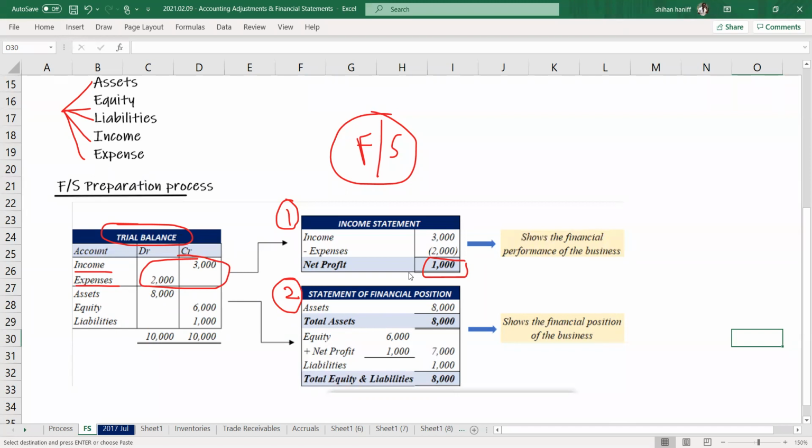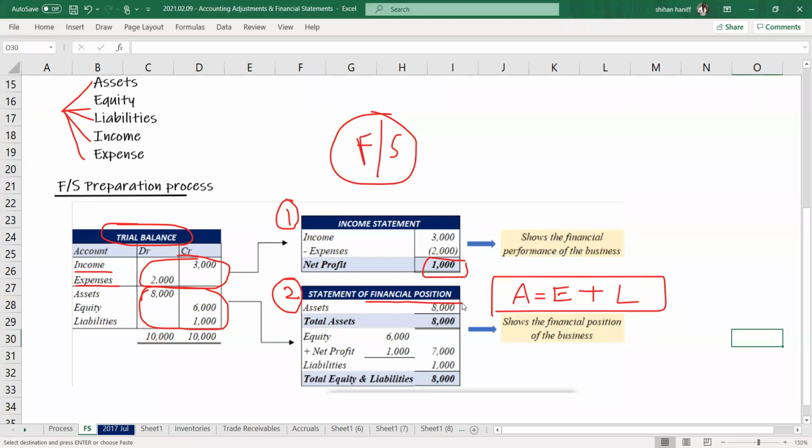And we take the remaining 3 accounts. Assets equals equity plus liabilities. This is the basic accounting equation. We show this in the statement of financial position.